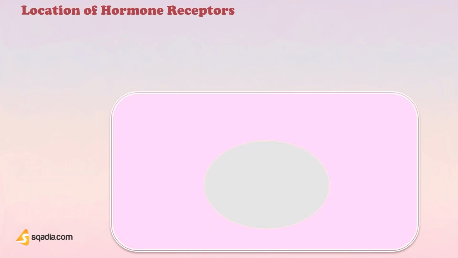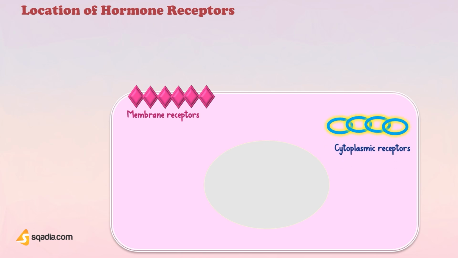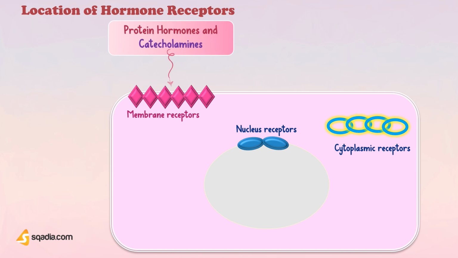Now let's discuss the location of these hormone receptors. Hormone receptors are situated either in the cell membrane, cytoplasm, or nucleus of the target cells. Receptors of protein hormones and catecholamines are situated in the cell membrane and initiate second messenger systems for enzyme activation.